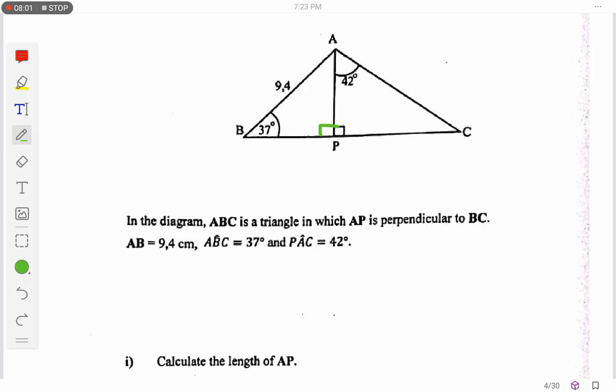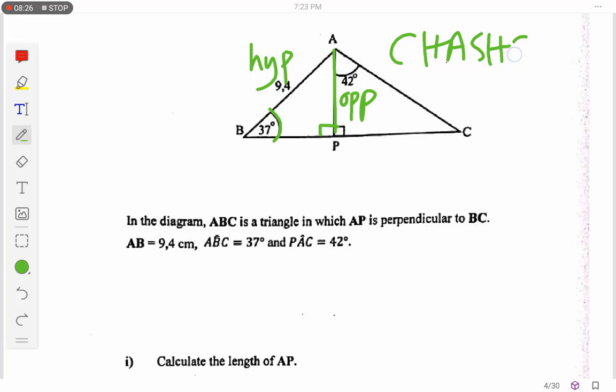Okay, so from what we are given, this is the hypotenuse, guys, and the side we are looking for is the opposite side. And we also have this angle. And we have what we call Chasho Tower, I normally use Chasho Tower.